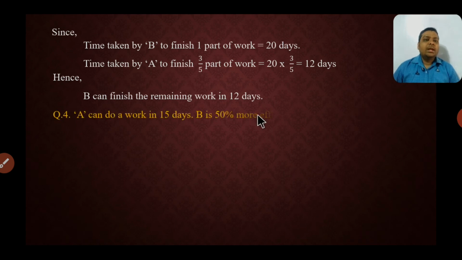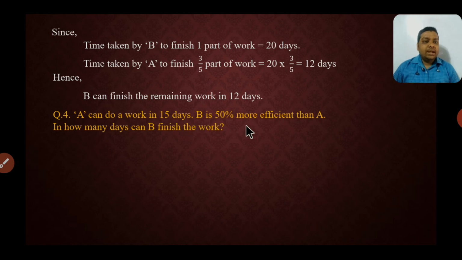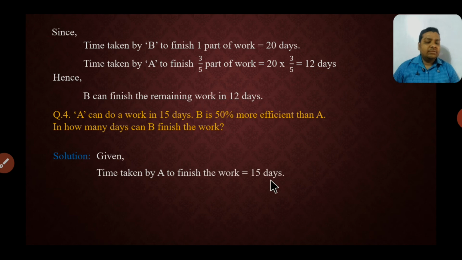Now, students, A can do a work in 15 days. And here it is given B is 50% more efficient than A. It means the capacity of B is more than A, but in terms of work, not in terms of time. Okay. So in how many days can B finish the work? So let's see. At first it is given that time taken by A to finish the work is 15 days.